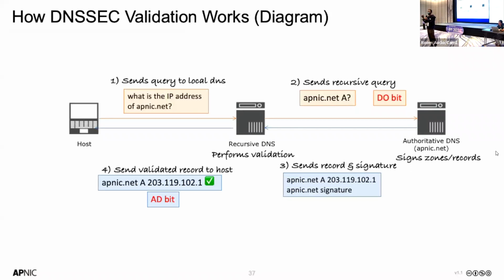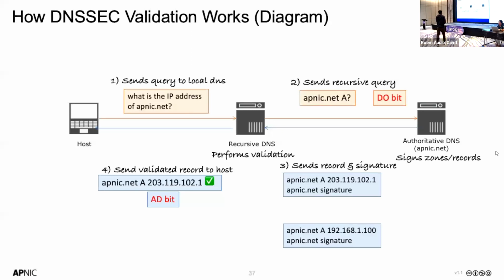So it actually did the authentication for you and found that the answer is authentic. That's why, along with the A record, it tells the host that this is a valid answer.